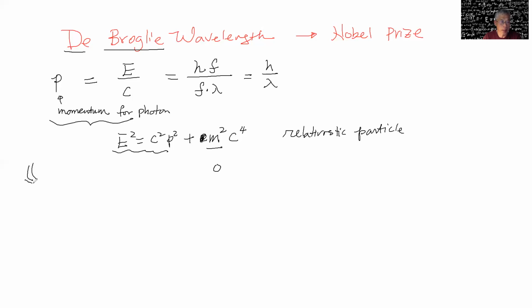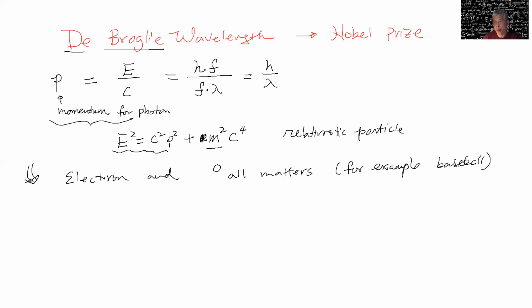So what he said is, well, what happens to the electron? And all matter, for example, a baseball. Does it have wavelengths too?